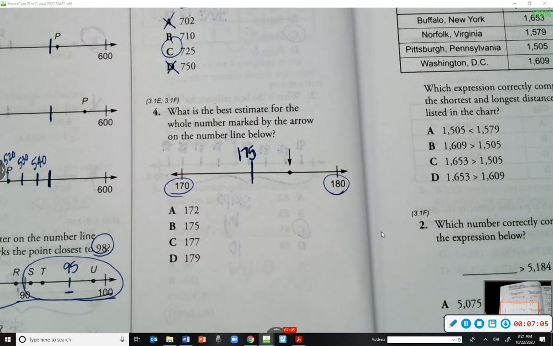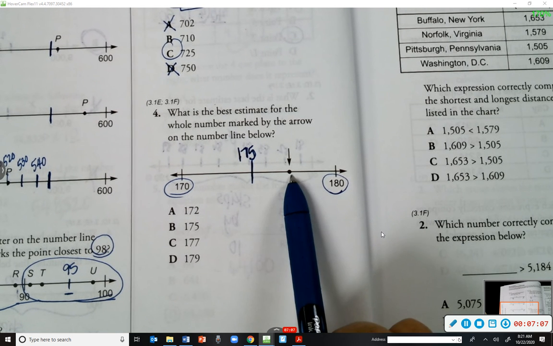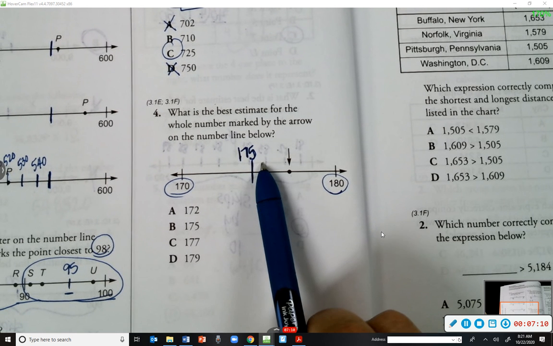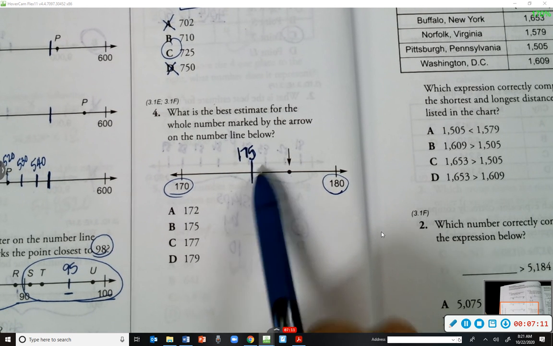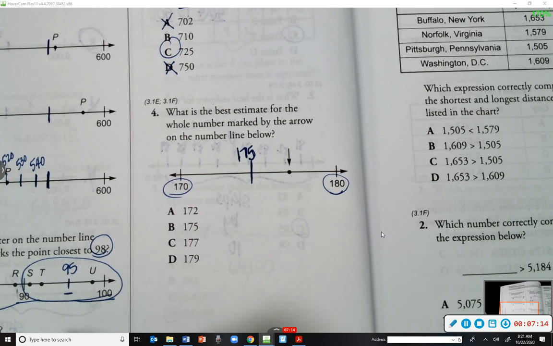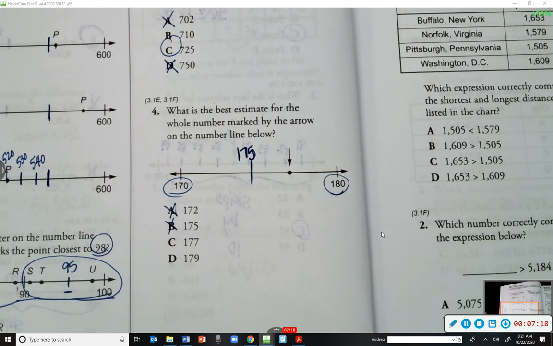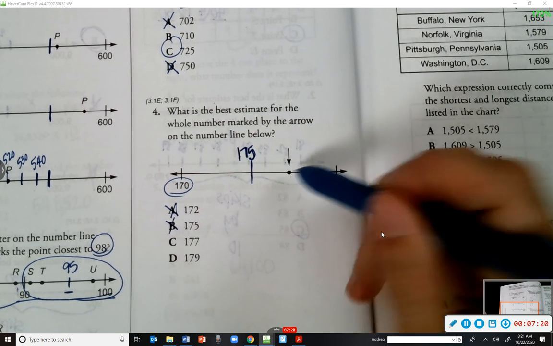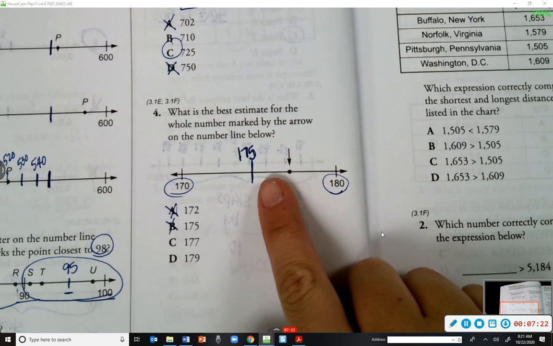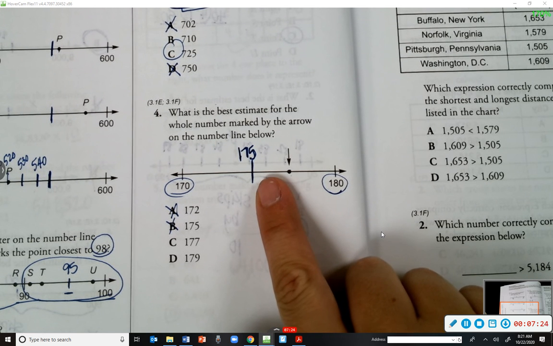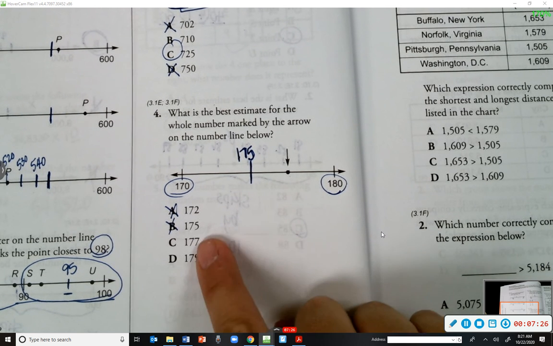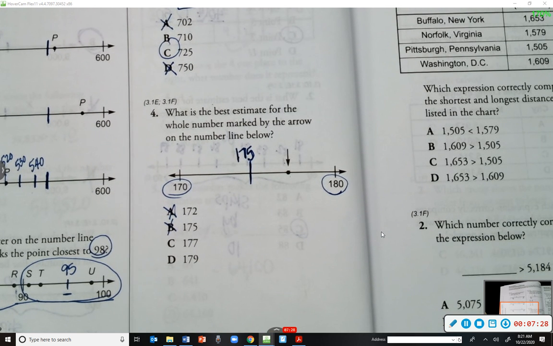Okay, so now I know this dot has to be greater than 175. So I can already cross out or eliminate A and B, right? Yes. Because our dot's down here. It has to be greater than 175. Now, which one would make more sense? 177 or 179?